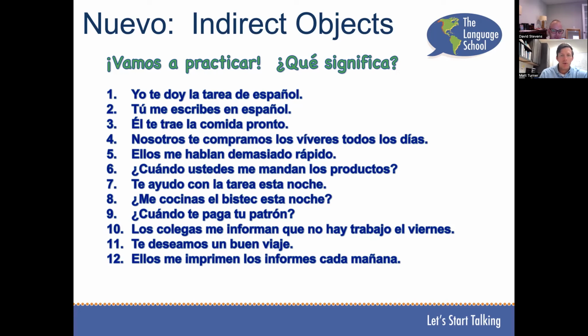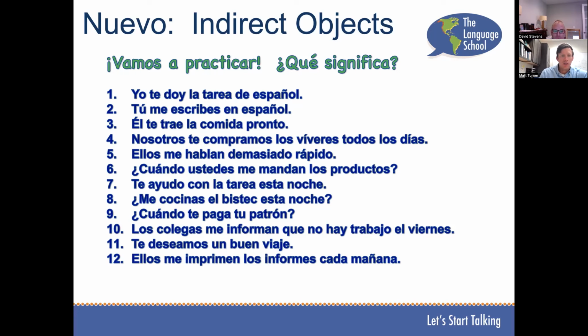Ellos me imprimen los informes cada mañana. So imprimen is the verb. Ellos is the subject, and me, or I, am the indirect.